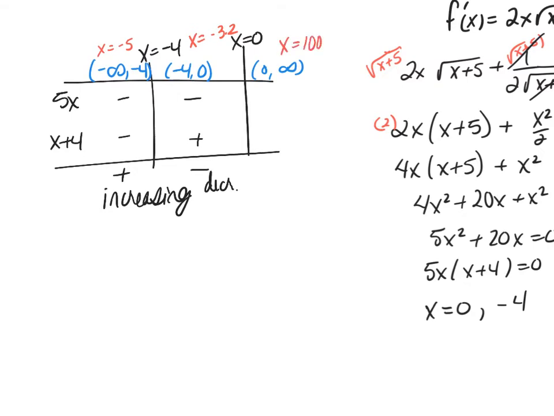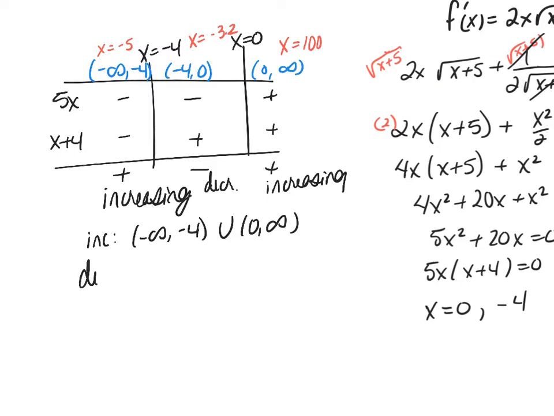So I put in a positive 100, and they're both positive. So what does that tell me? It's increasing. Both positive, so it is increasing. So my answer is increasing from negative infinity to negative 4, union between 0 and infinity. I am decreasing from negative 4 to 0.